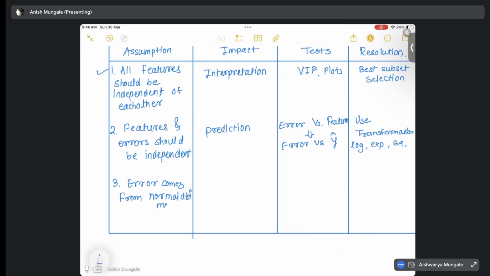With mean 0. The problem was with interpretation or prediction. Yes, interpretation. In order to test, what did we do?